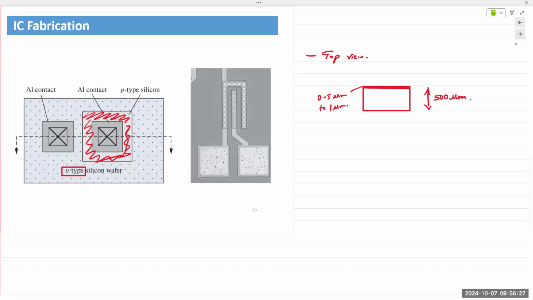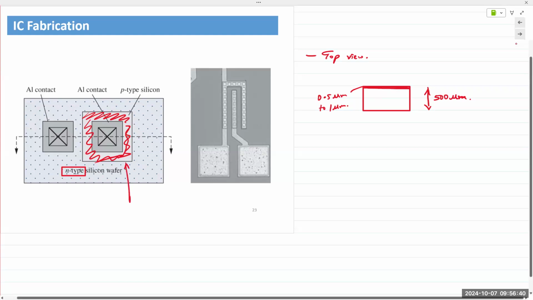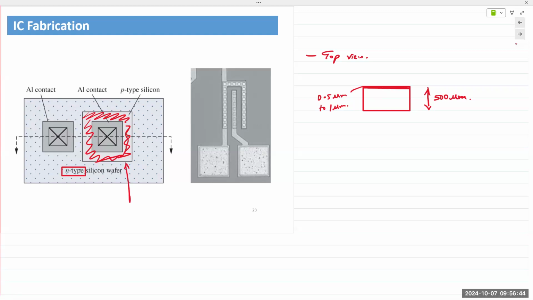Everything has to be done with tools, specialized tools and equipment, and has to be done at a large scale. In the sense that if there is a 4-inch wafer and we wish to create this tiny, let's say 100 micron by 100 micron opening, we cannot just work on a 100 micron by 100 micron size in that silicon wafer. Whatever we do is going to affect the entire wafer.